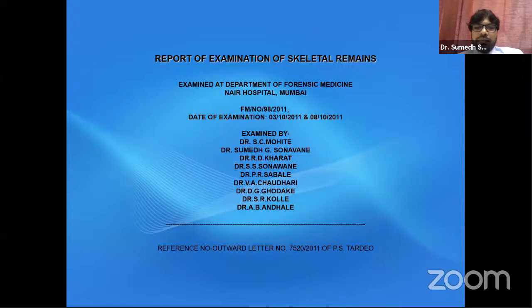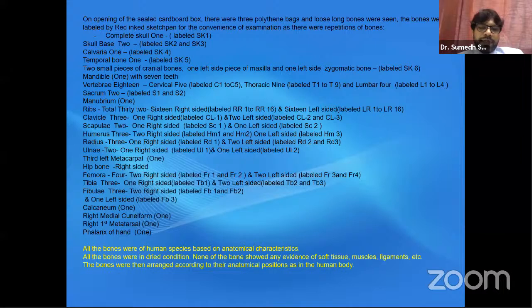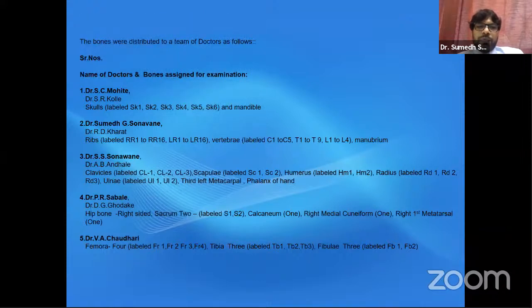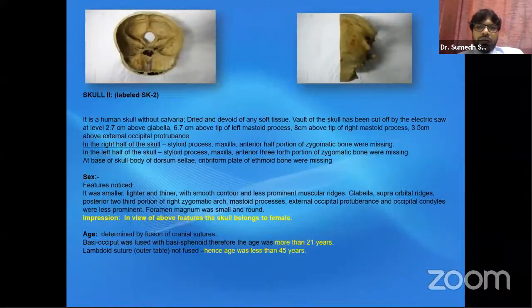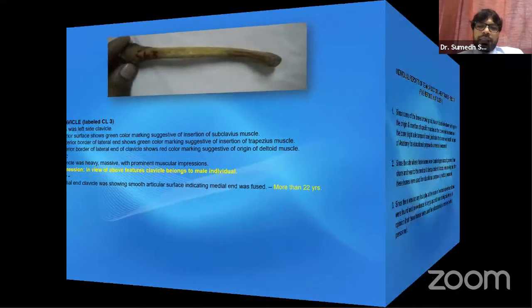It is written who discovered or labeled these things, and the names of the doctors and the bones assigned for examination. We keep every record whenever there are excess bones. We need to assemble all these bones with the team of people. This is how we provide photographs and reports also.